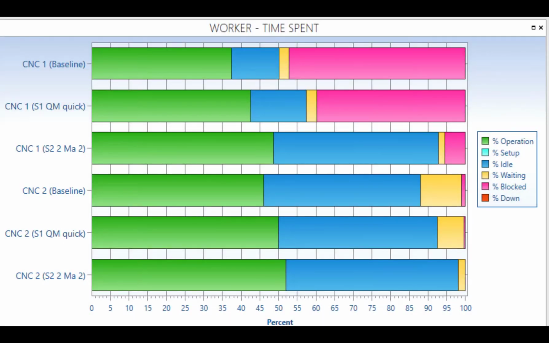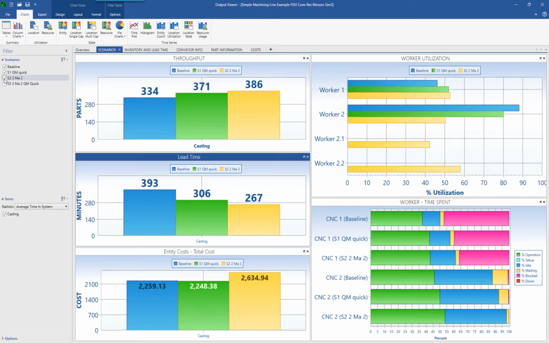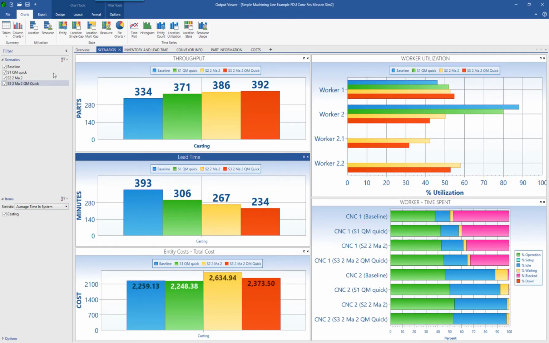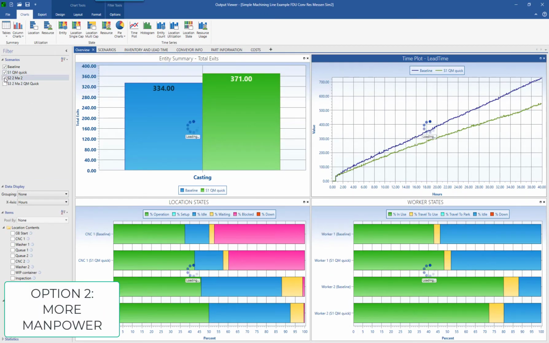The second worker is now idling a bit more, with an overall utilization of 80%. We can also see that cost is affected. Not bad, but it does require us to make a capital purchase of a new inspection machine. Let's see what other options offer us.